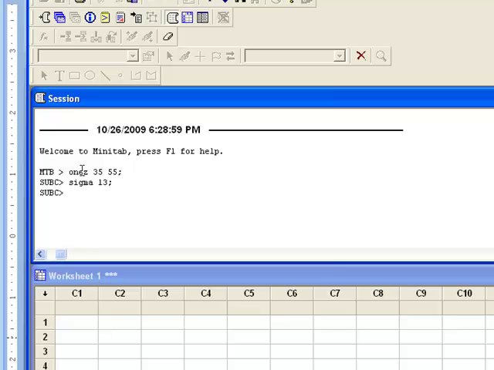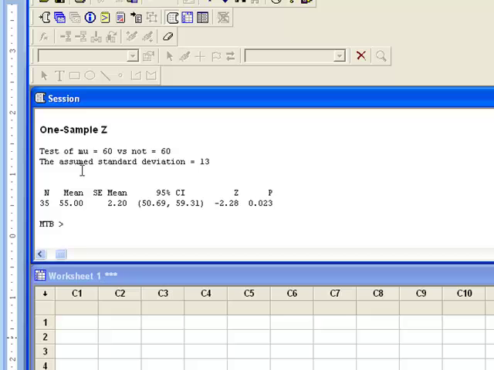Now I have to tell it the null hypothesis mean. So I say we're testing mu0, which was 60. And now what was the alternative? Well, it was a two-tailed test, so we'd put 0 for the alternative and hit enter. They give us a p-value of 0.023.